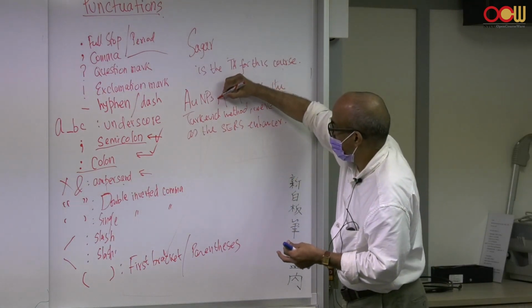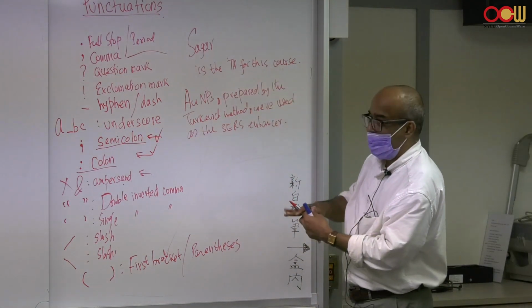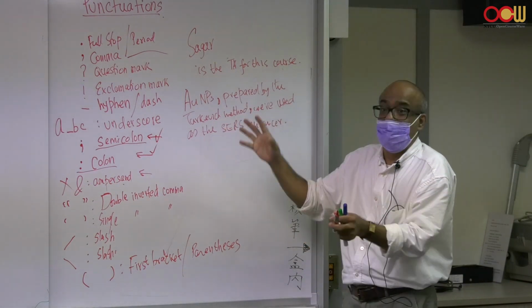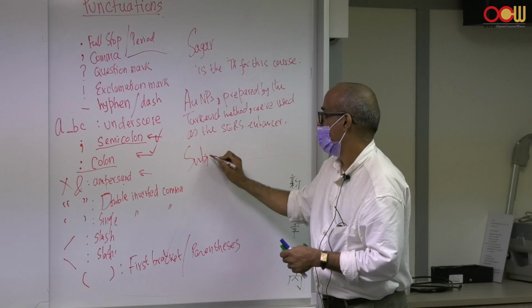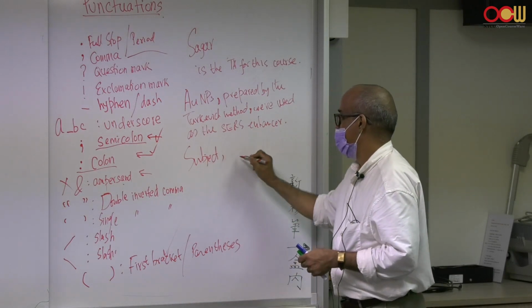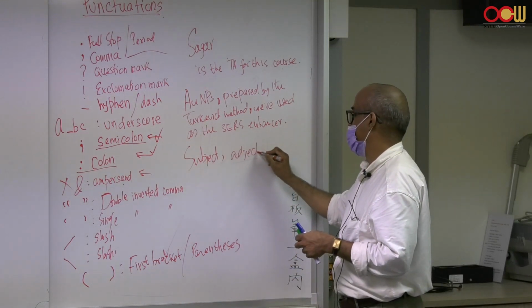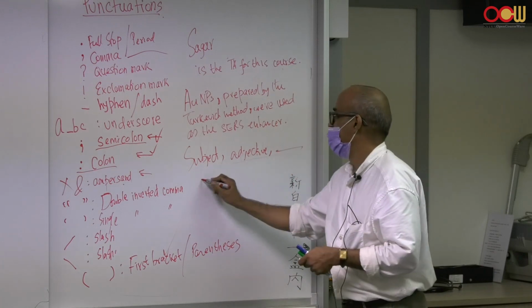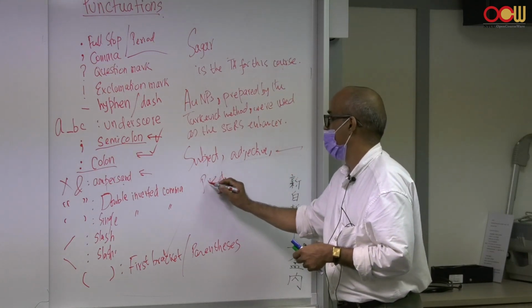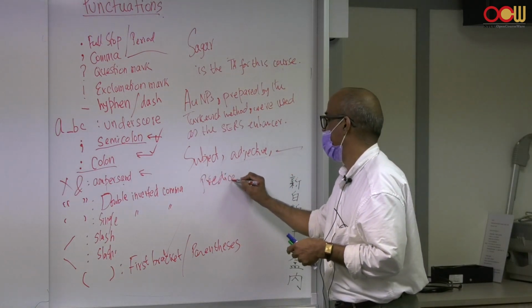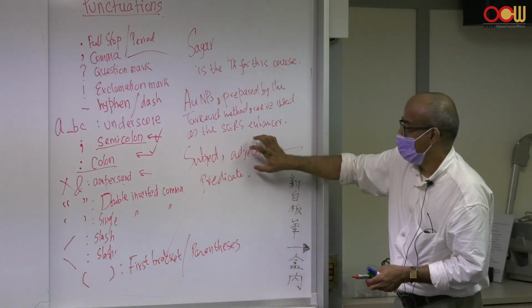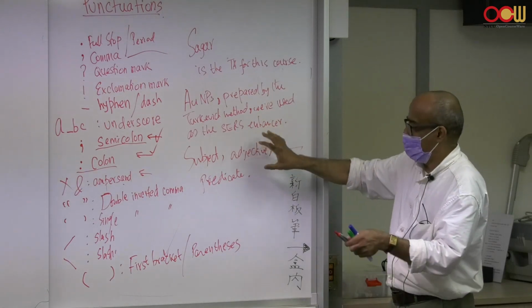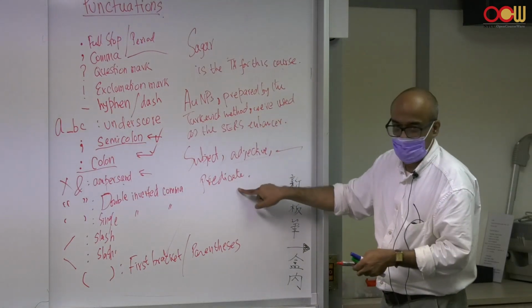So whatever is in between the two commas, you describe the first thing. So if this is a subject, adjective or description, and then this is the predicate. So in a sentence you have a subject and you have some kind of adjective or description, and then you have the predicate.